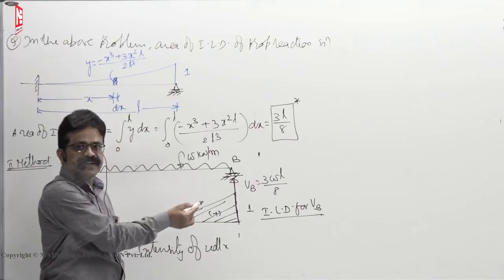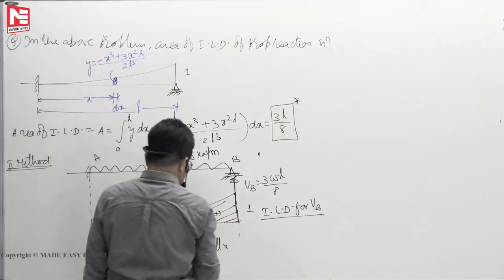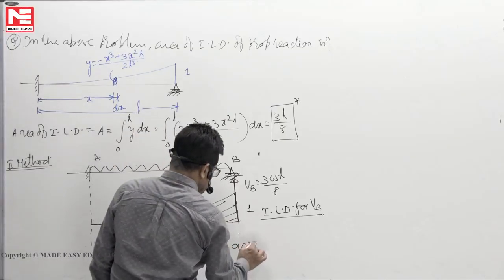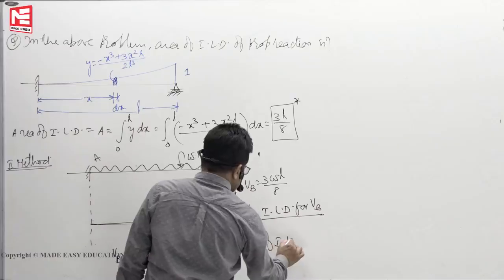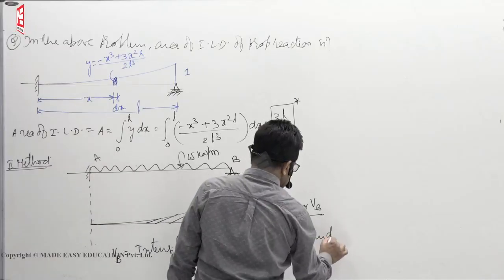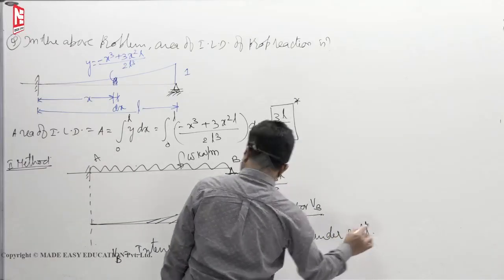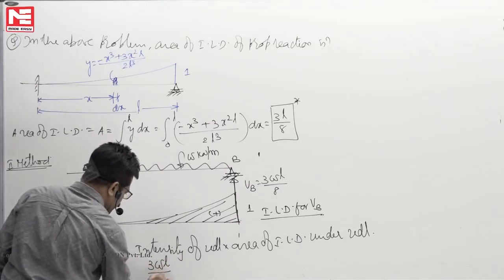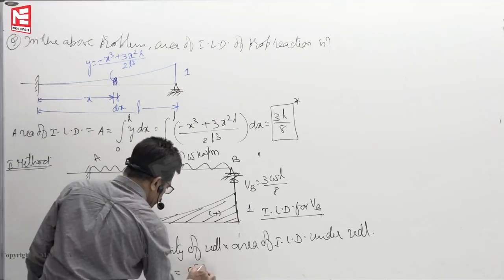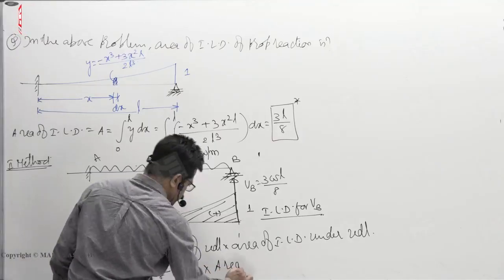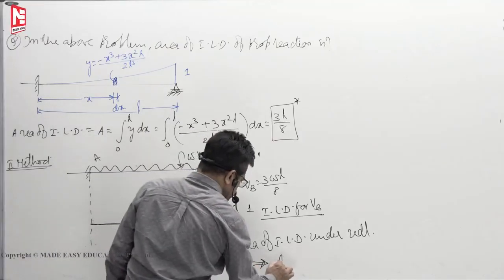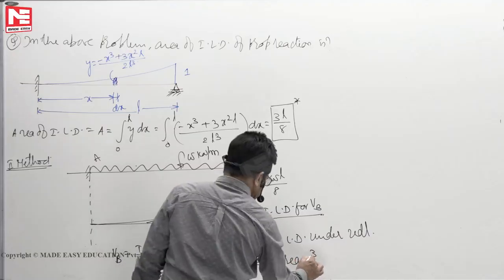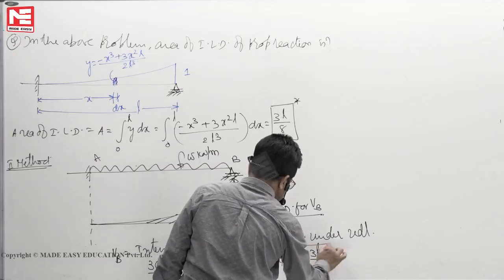My aim is to find the area of the ILD. So intensity of UDL into the area of ILD under the UDL. So VB is, we know, 3WL by 8, equal to W into area. This area we don't know. So the area you will get is 3L by 8.